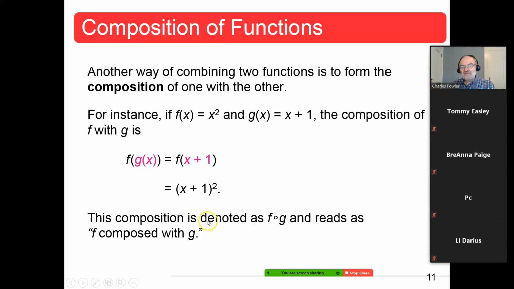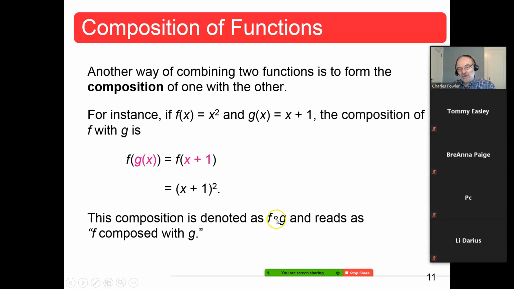That composition is denoted as f composed with g, and that's exactly how it reads: f composed with g. You can also say the composite of f with g. Here's how I like to read it because that gives me good insight. I say this says f of g.